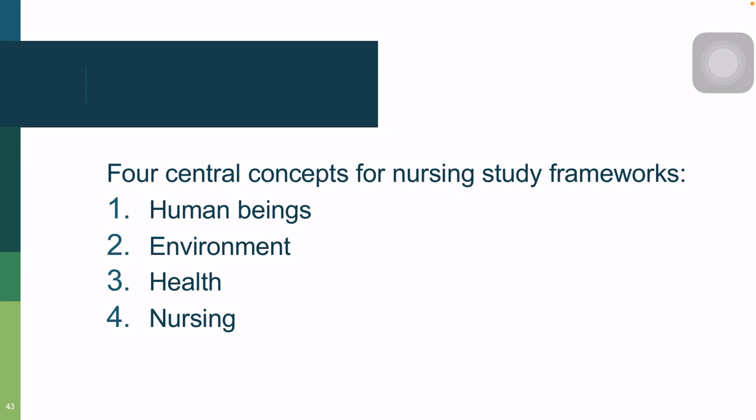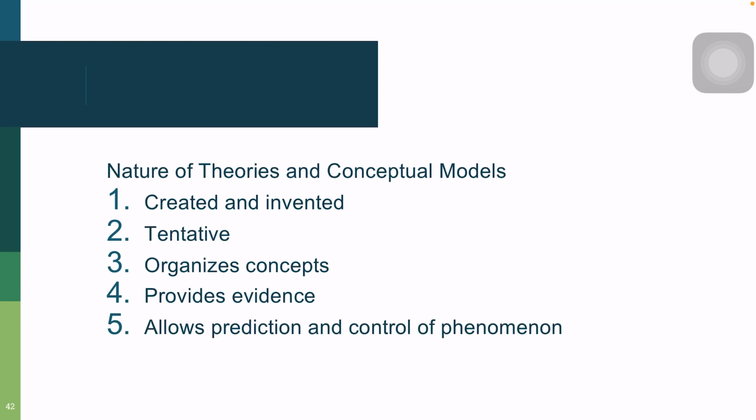So we have 4 central concepts of nursing study frameworks. By the way, to continue with organizing concepts, it allows the researcher to integrate observations and facts into an orderly scheme. They are efficient mechanisms of drawing together accumulated facts, often from separate and isolated investigations.